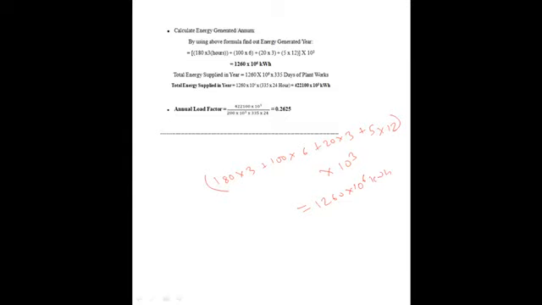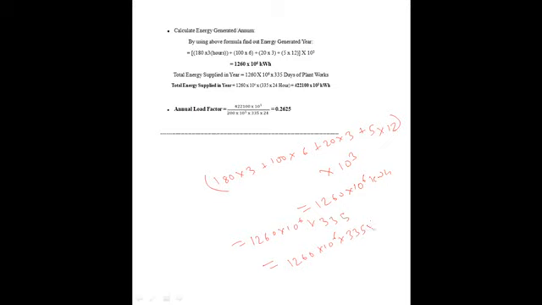For the year, it will be 1260 into 10 to the 6 into 335, not 365, 335 days. So the total energy supplied in a year will be 1260 into 10 to the 6 into 335 days.